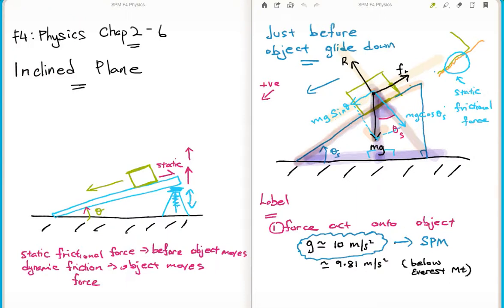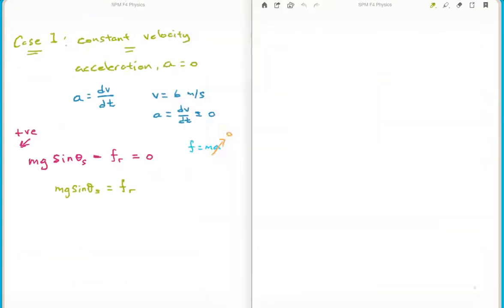So case 2, what happens when it does have acceleration? Case number 2, acceleration. A is now no longer equal to 0. What happens when it's no longer 0?